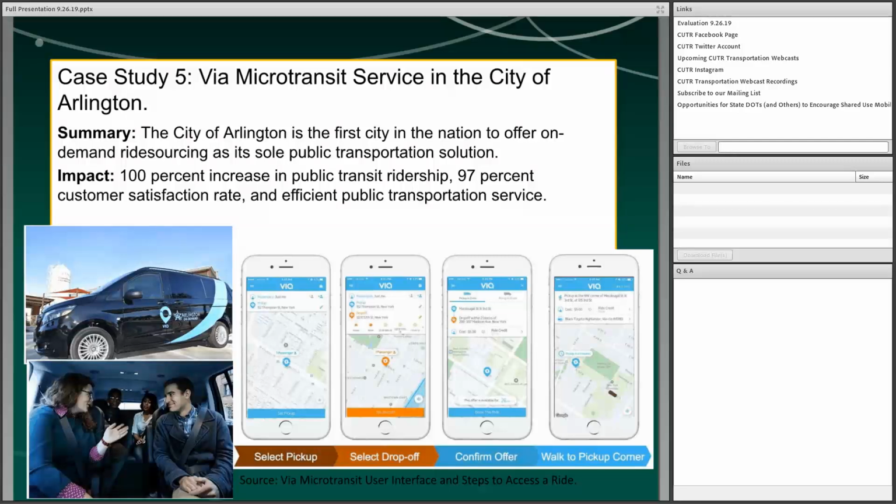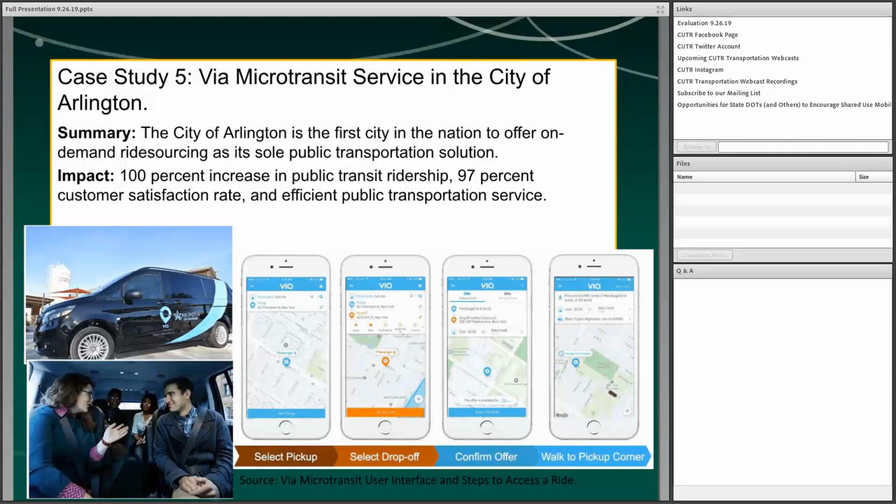Budget for the first year operations in Arlington was funded by the city as well as FTA. And the microtransit service has proven very successful, and the city has expanded the service several times and added more vehicles to meet the demand from the community.